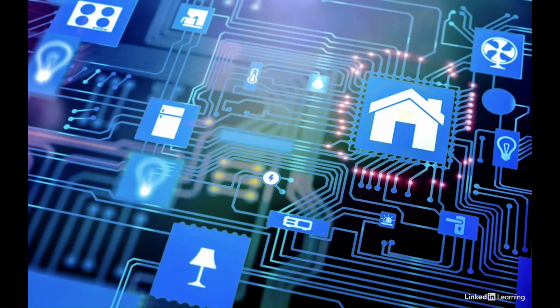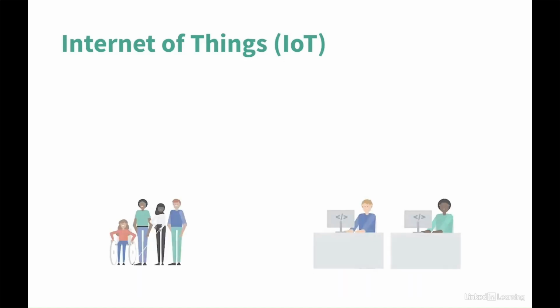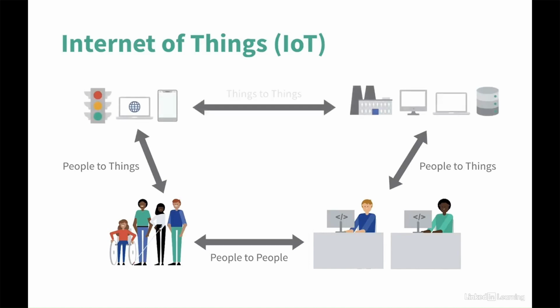Information about the things can be collected and their state can be changed from anywhere, anytime, by anything. This also includes people who operate the devices and use the applications. So the relationship is people to people, people to things, and things to things.